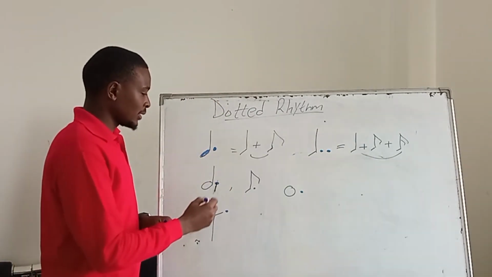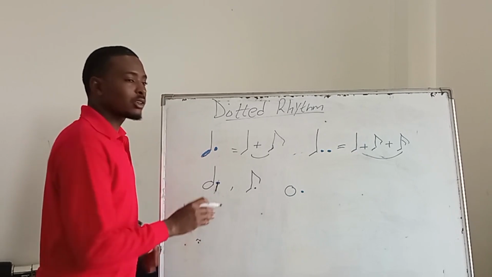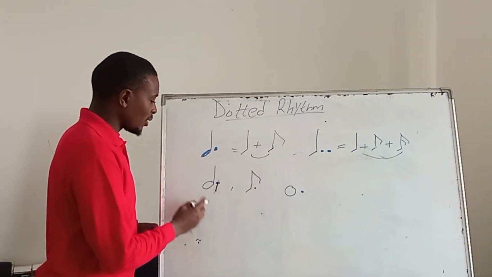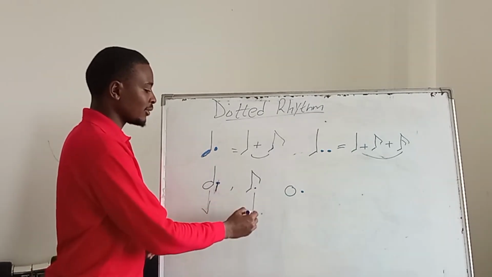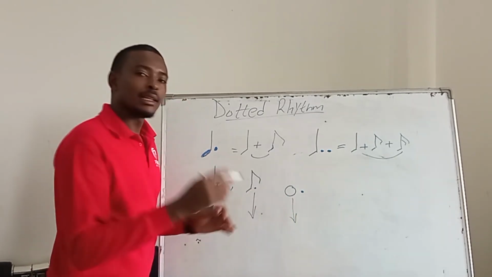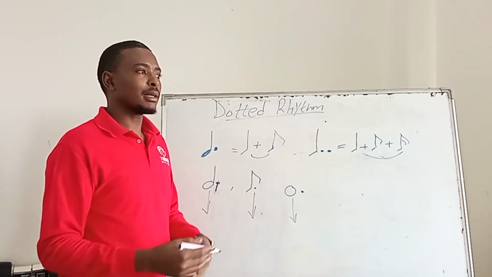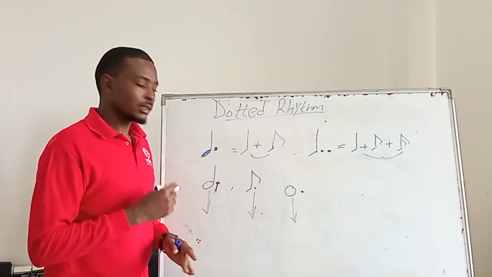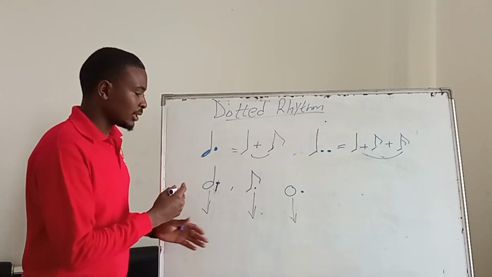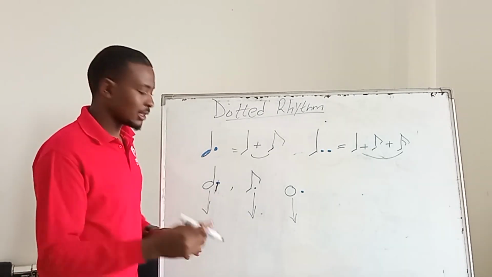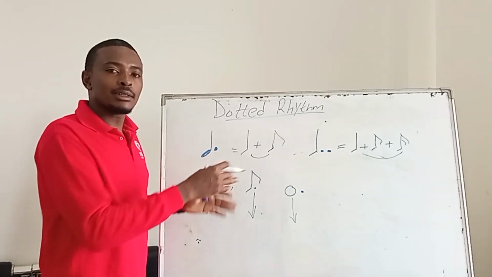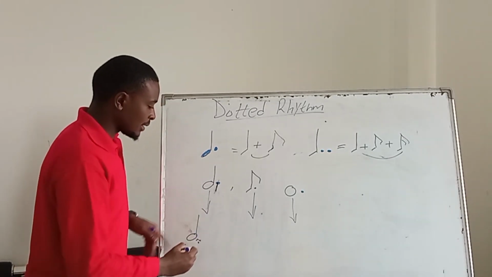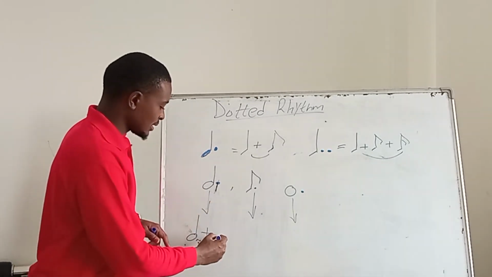So in doing this, we can do a few mathematical equations. What is the value of this in terms of the normal rhythm, the normal rhythm that we learned before in our lessons 1 and 2? Let us take this note in its own value and the value that is added. So you find that it is a minim, you add a crochet.